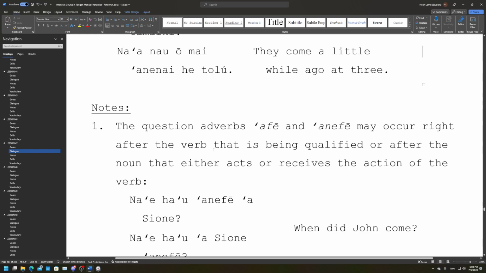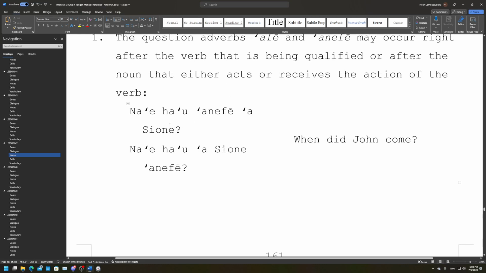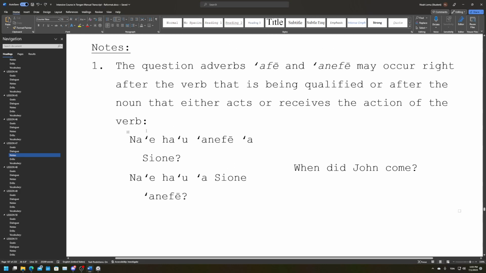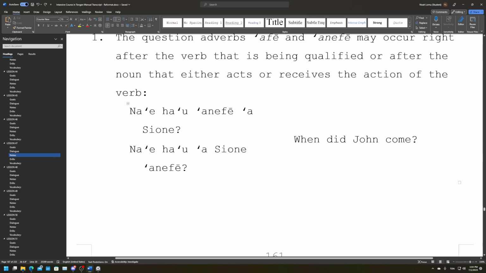Okay. So the question adverbs afe and anefe may occur right after the verb that is being qualified, or after the noun that either acts or receives the action of the verb. Before we didn't have this, but now we do. Both of these mean 'when did John come?': na ha'u anefe acione, or na ha'u acione anefe.